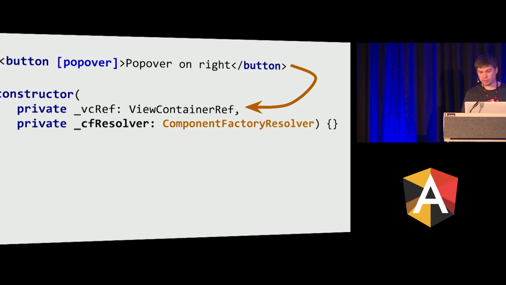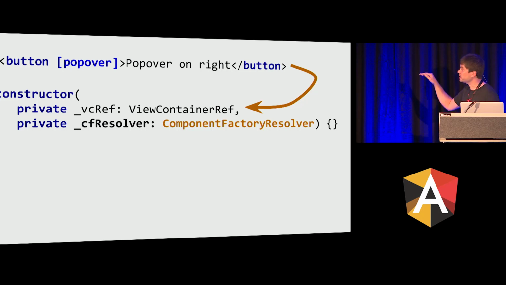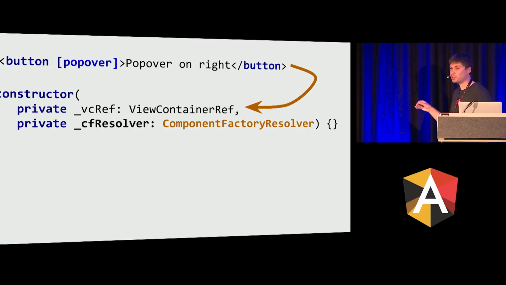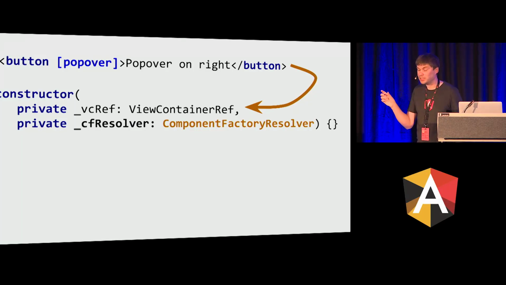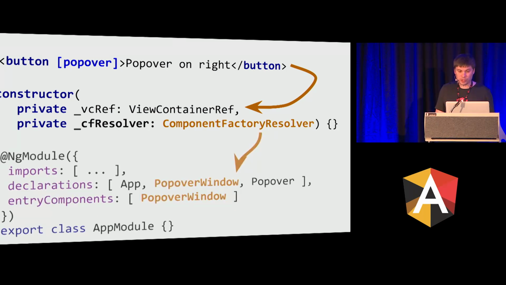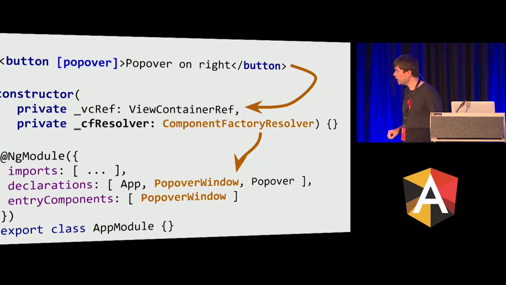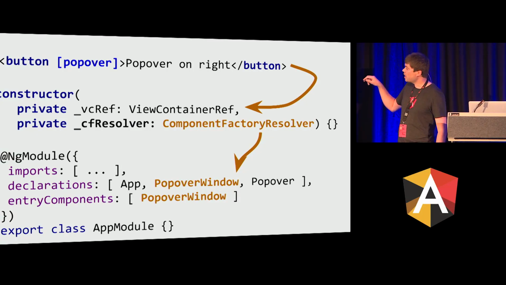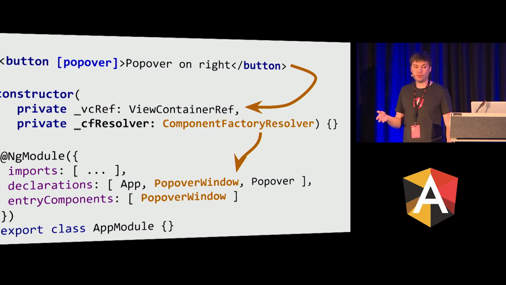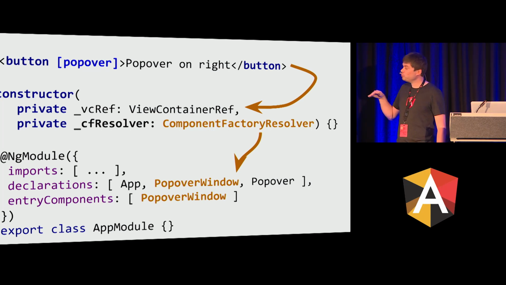Well, this is where the component factory resolver comes into place, and this will be the API that allows us to ultimately turn components into views that I can insert dynamically. A word of warning: the component factory resolver, like the components that we want to insert dynamically, need to be listed in the entry components of the ngModule.